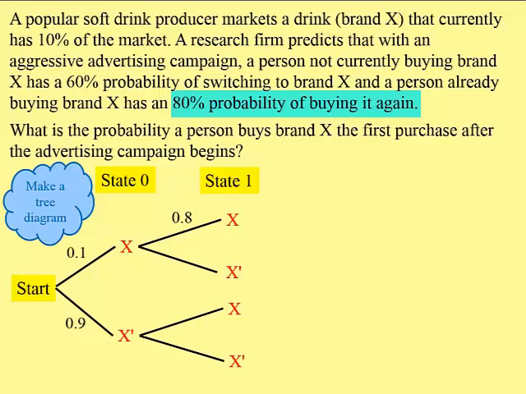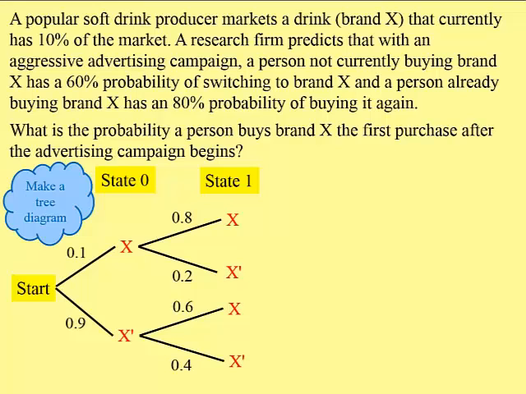That means that the rest of them, the 20%, change to something else. And we also are told that 60% of those that didn't drink brand X switched to brand X. That means 40% still drank the other stuff.